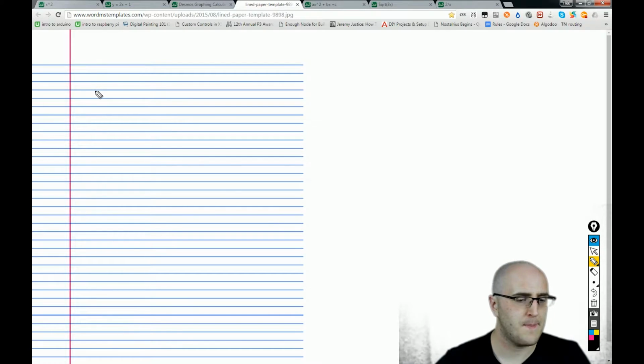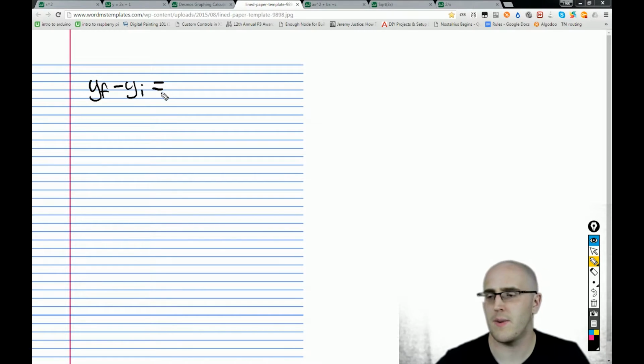So let's say we have a y final and a y initial, and we want to know the value of this function. Well, if y is a function of x, then it's going to be equal to y of x initial plus some change in x.